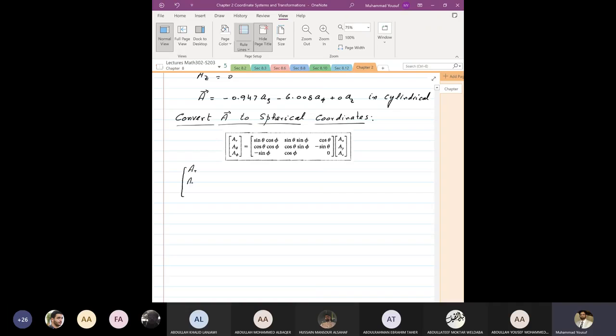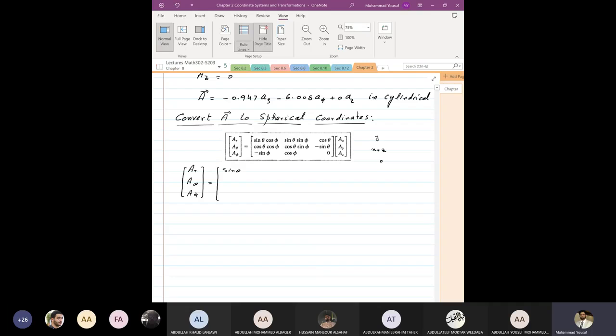A sub r, A sub theta, A sub phi. Sine theta cosine phi. Should we save our space? You know our AX is what? AX is Y and AY is X plus Z and it is 0.